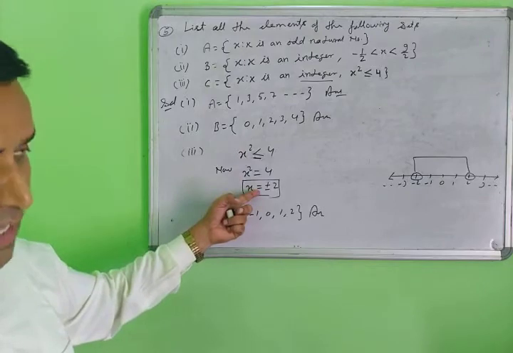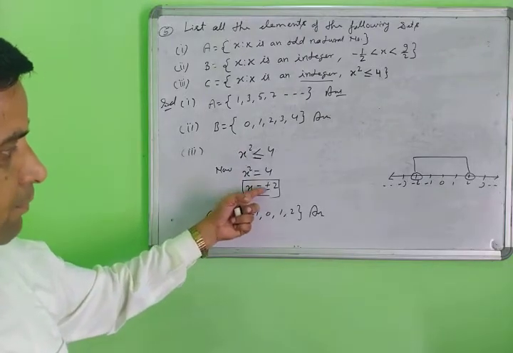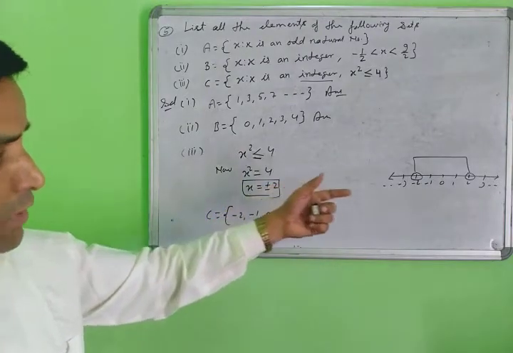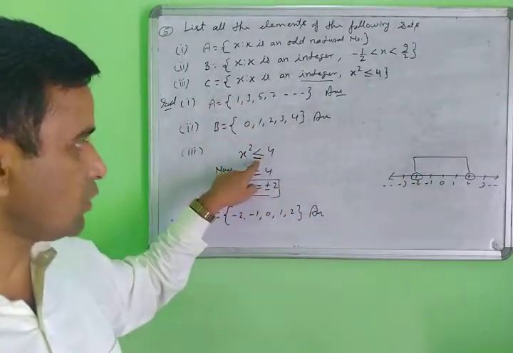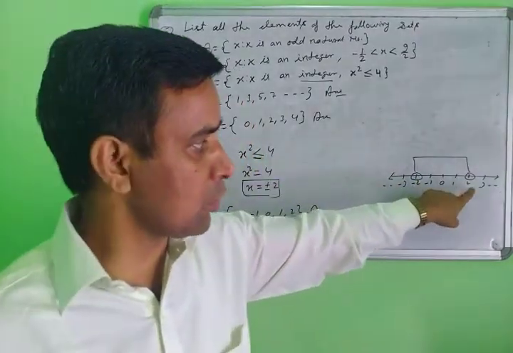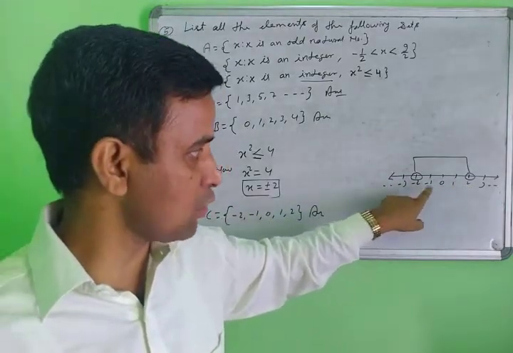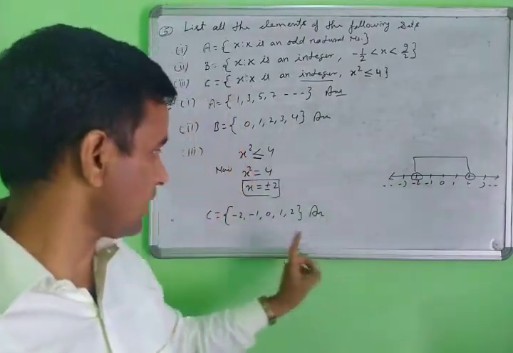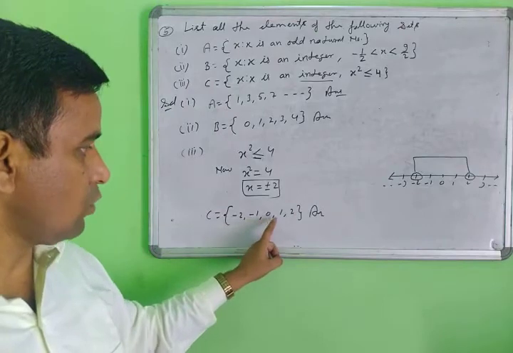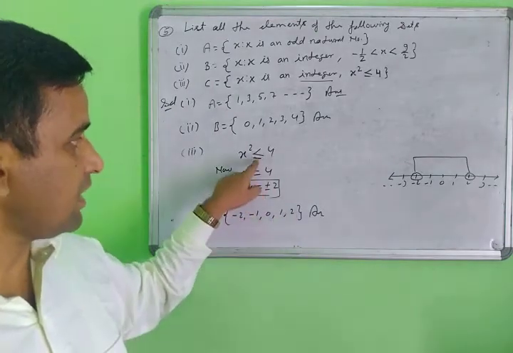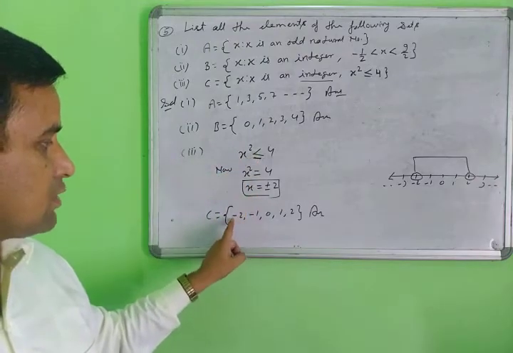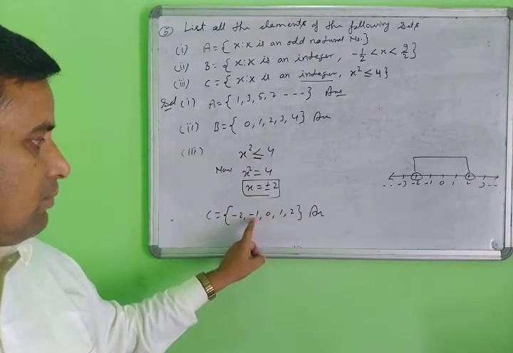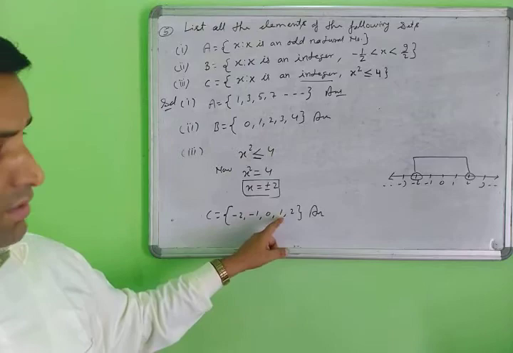Find the value of x as -2 to +2. Then you write on the integer number line -2 to +2. And the equal symbol is also here, which means the ending limits are also counted. This -2 and +2 also count here. That means -2, -1, 0, 1 and 2, because the equal sign is used here. Suppose we remove this equal sign, then -2 and +2 will be removed. Only -1, 0, 1 remain. So this is your answer.